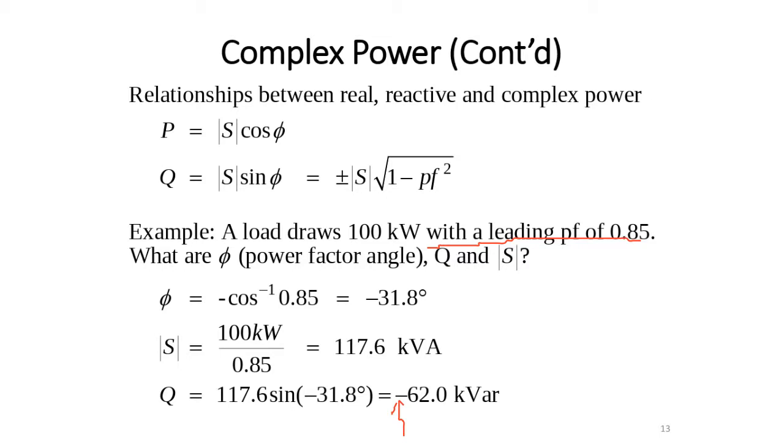Okay, so the conventional terminology: when we say Q is negative, it means that it generates Q. When Q is positive, it absorbs Q. So when the reactive power is absorbed, the power factor is lagging, so the current is lagging the voltage.